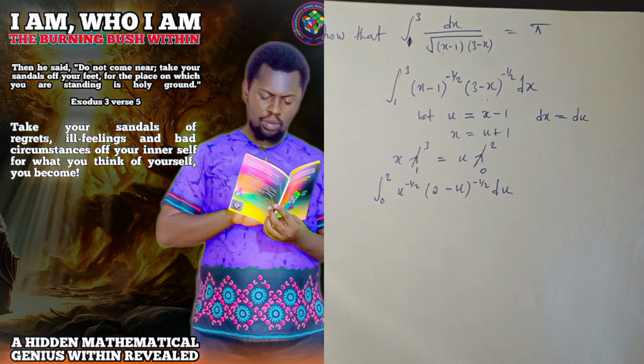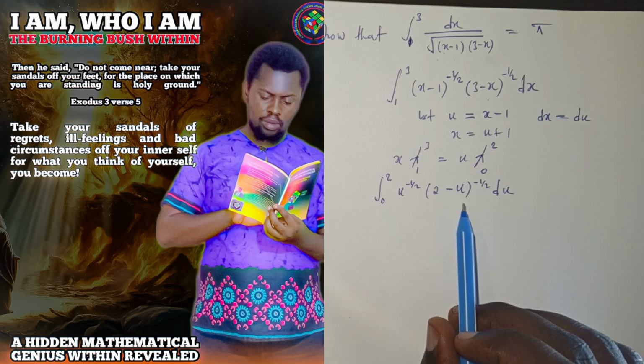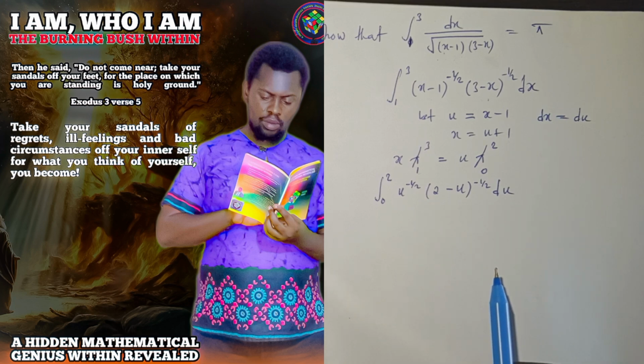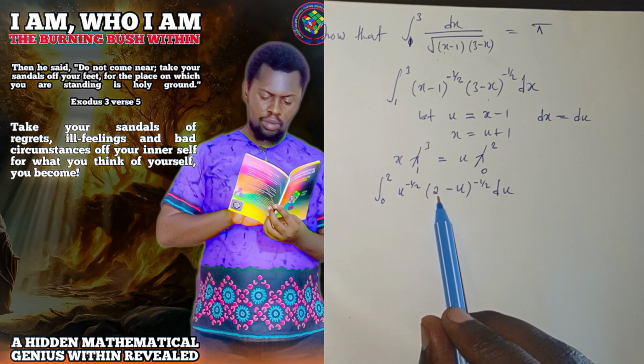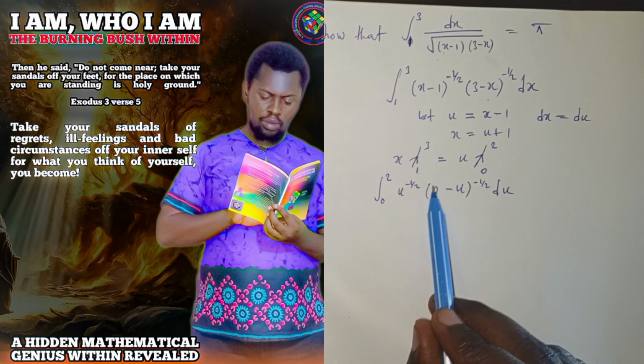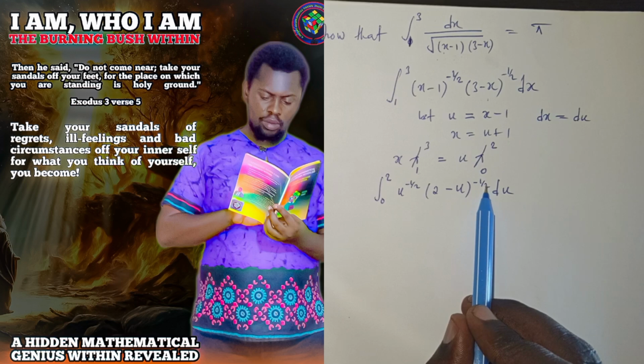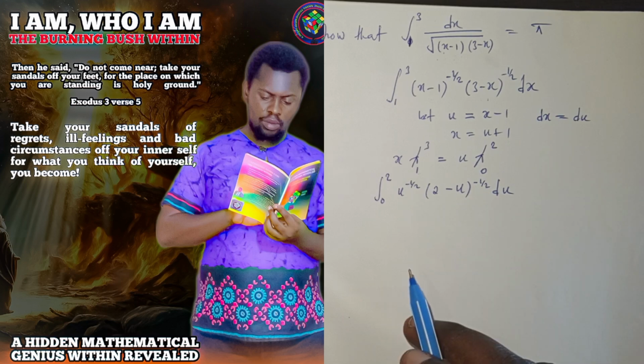Okay, if you look at this, we still don't have it in a beta function form, because for it to be a beta function, here we're supposed to have a 1. So to get a 1 here, we need to divide out the 2. You should know that when we divide out the 2 it should also carry the power there, which is minus 1 over 2.